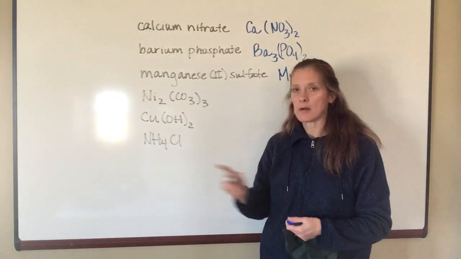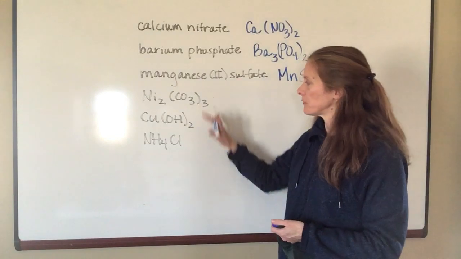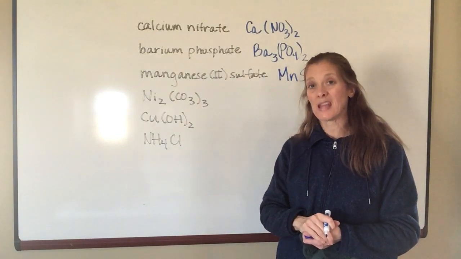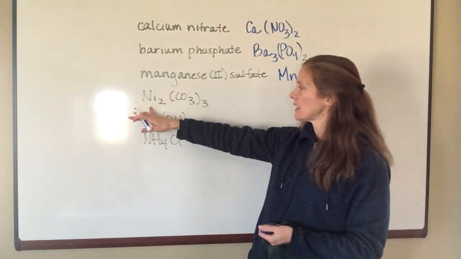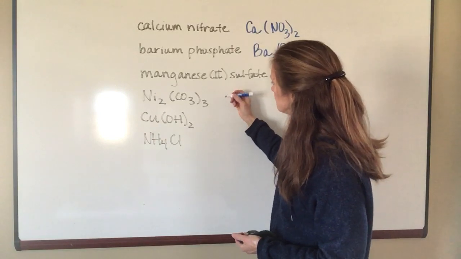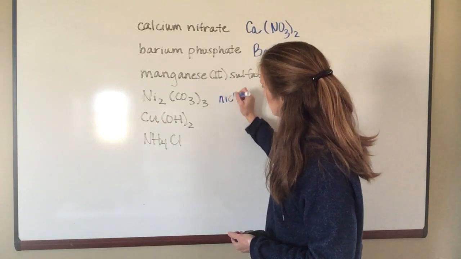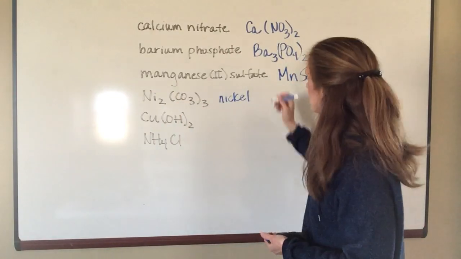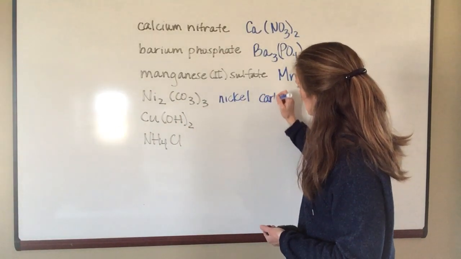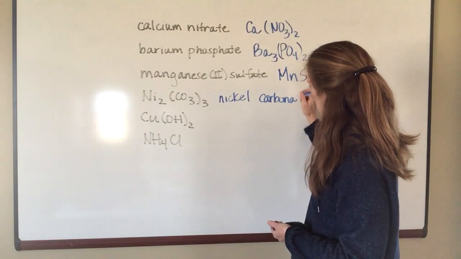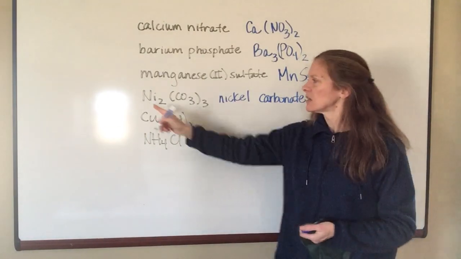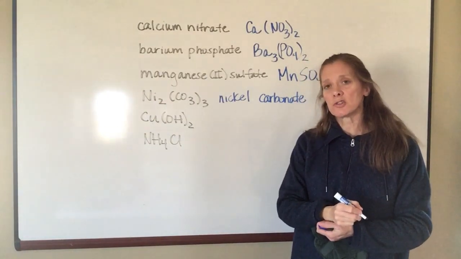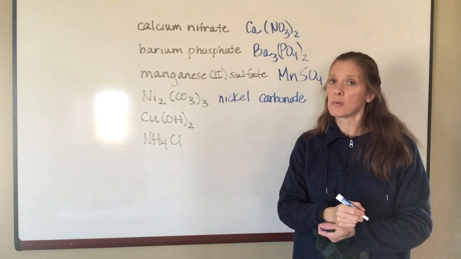Now, on these down here, we're going to go backwards. I have the formula, and I need to be able to name them. So Ni is nickel. CO3 is carbonate. But nickel is one of those elements that's a transition metal, and it doesn't always have the same charge.